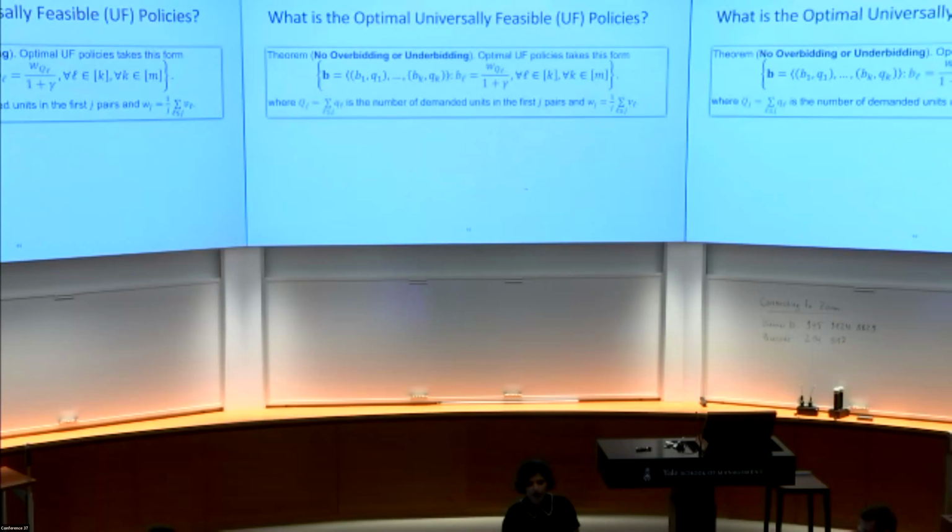Okay, so this is a subset of this class of policies compared to optimal, and the answer is actually yes. As long as Alice does not overbid or underbid, meaning that Alice bids truthfully, that class of policies is optimal universal. In particular, the optimal policy takes the following form.